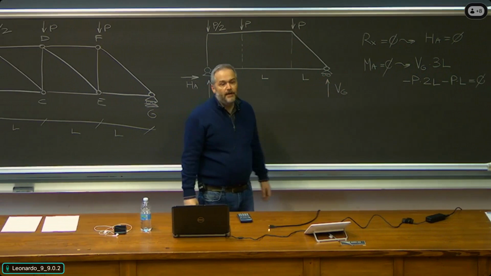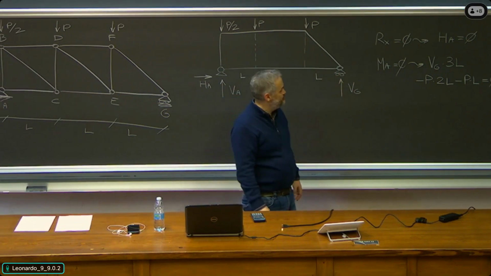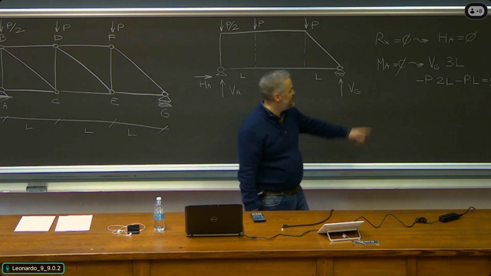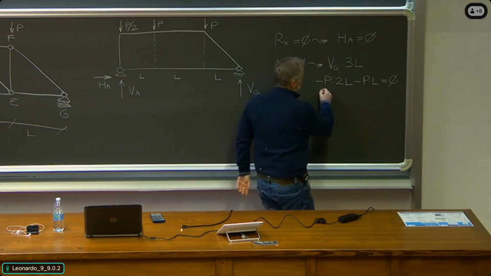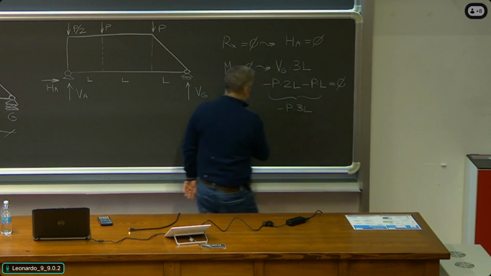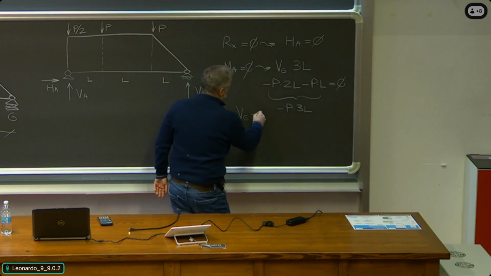So, without even touching my calculator, Vg times 3L minus P times 2L minus P times L, this basically transforms into minus P times 3L, which means in the end Vg is equal to P.